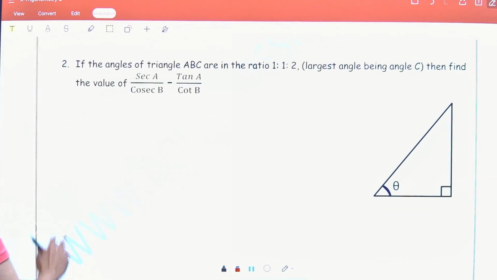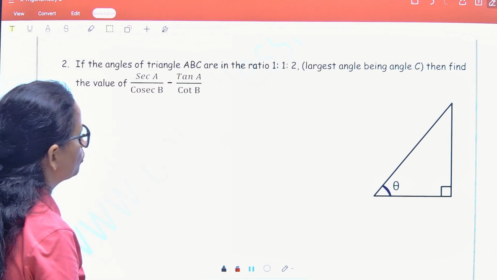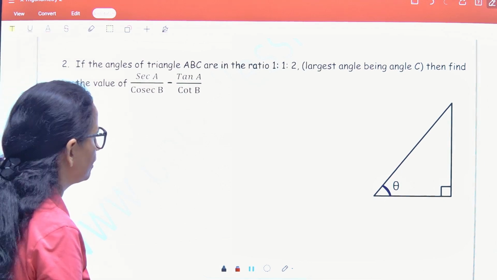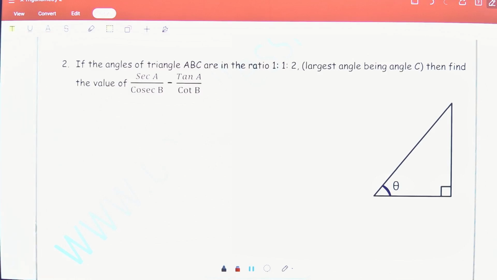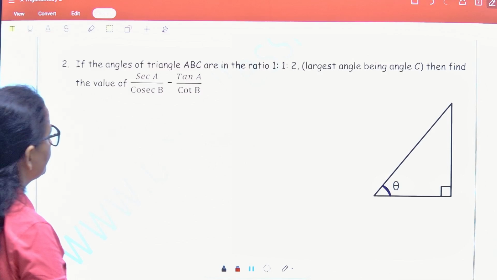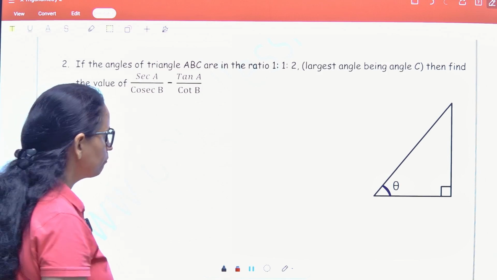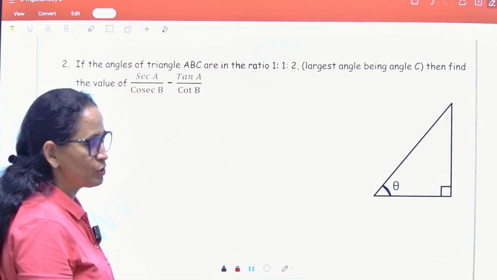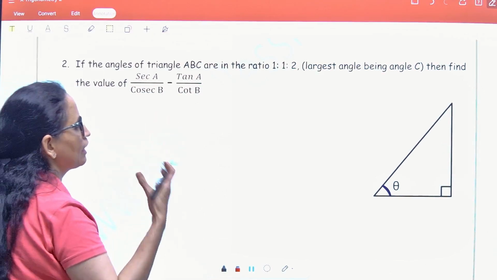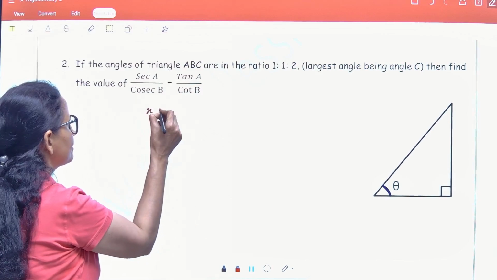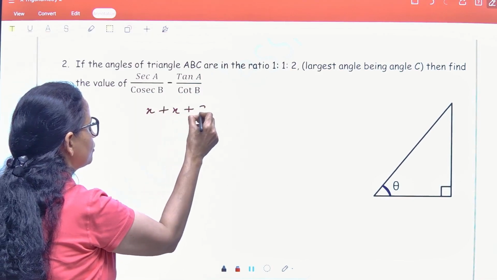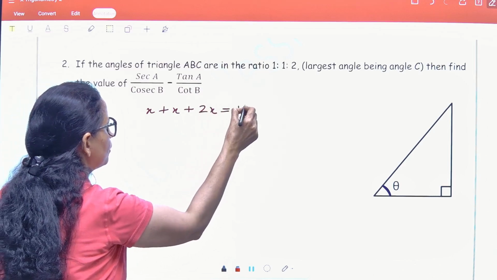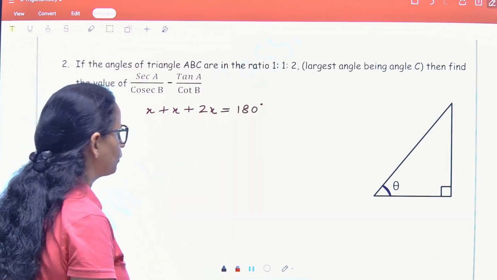If the angles of a triangle are in the ratio 1:1:2, largest angle being angle C, then find the value of sec A upon cosec B minus tan A upon cot B. Now whenever you are given ratios of any quantities, you start with assuming that the quantities are, in this case, x, x and 2x, and their sum is equal to 180 degree using the angle sum property.